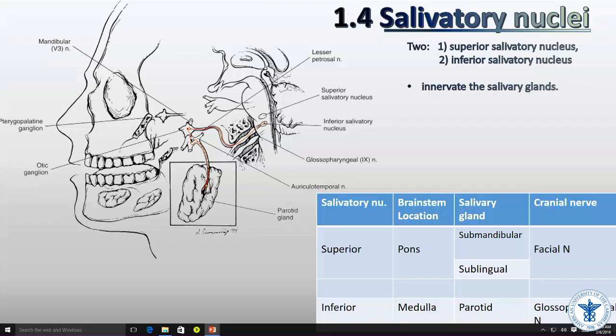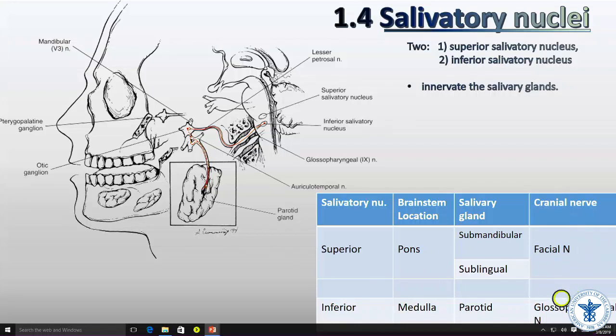The salivatory nuclei are interesting and important, also a little complex in their connections, but we look at the basic thing. You have two salivatory nuclei, superior and inferior. The superior one is through the facial nerve, and the inferior one through the glossopharyngeal.